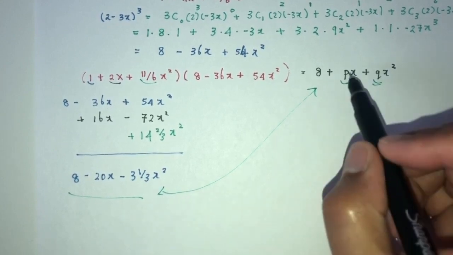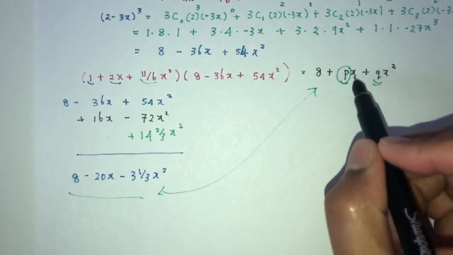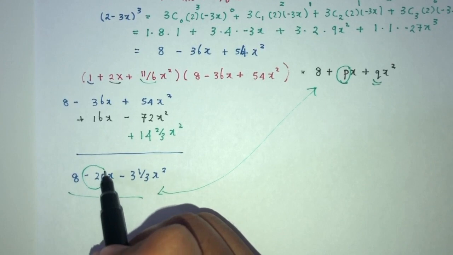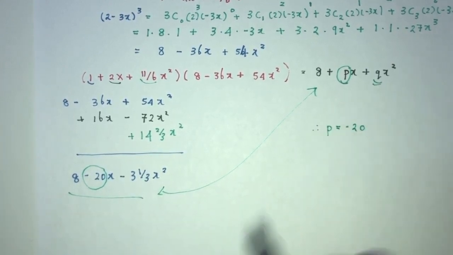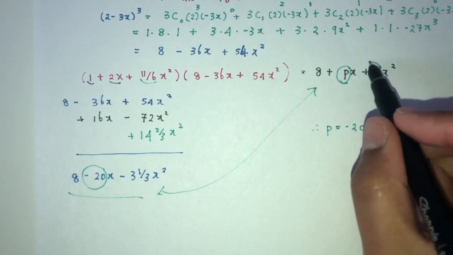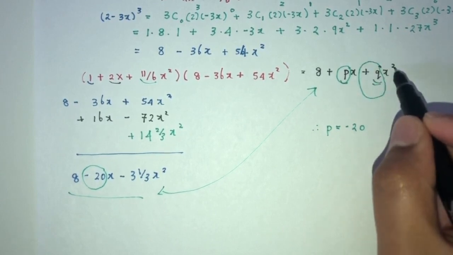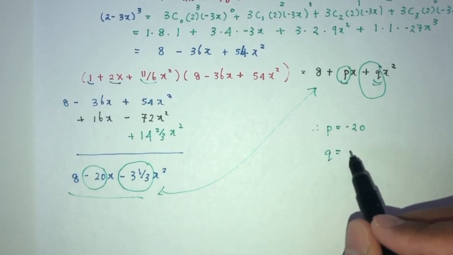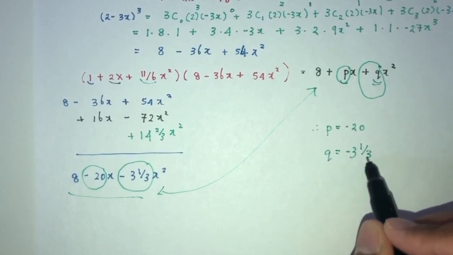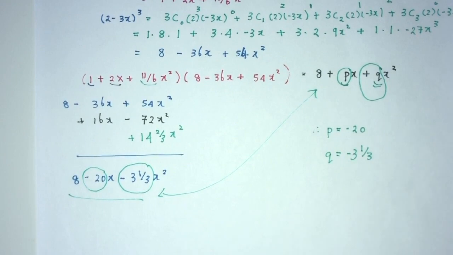By comparison, you can see p is in front of x, so p is minus 20. And q is in front of x squared. Here we have this, which means q has to be minus 3 1/3. Of course, you can give your answer like this, or if you want to, you can always convert this to an improper fraction. Now this will be your question number 5.